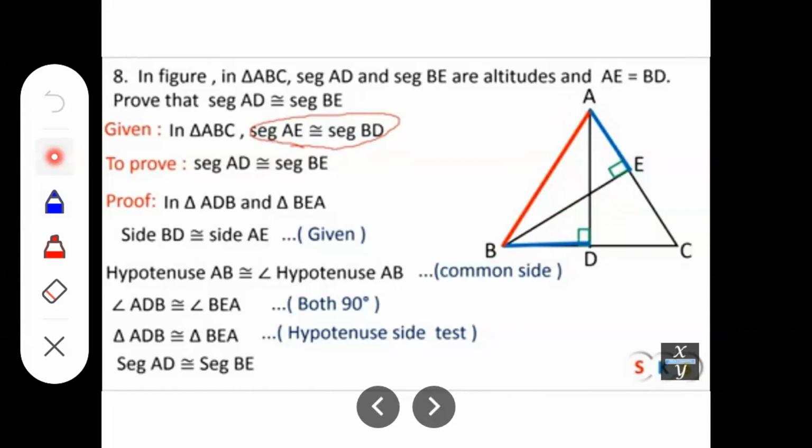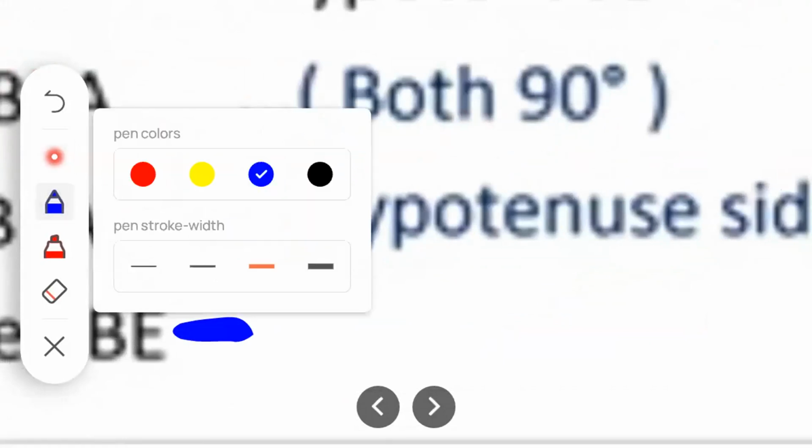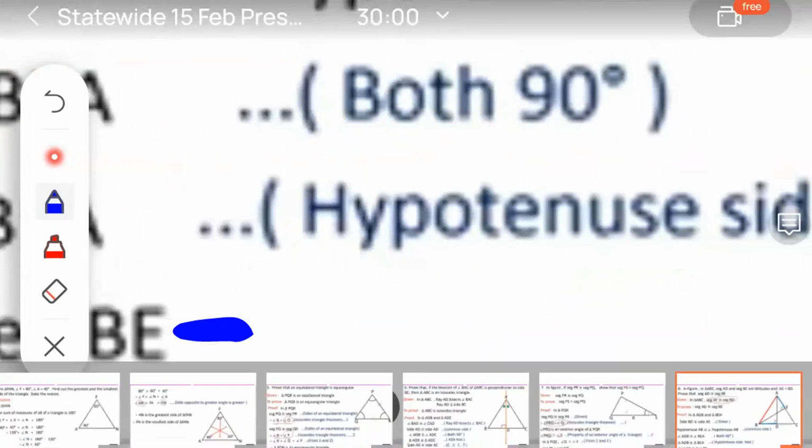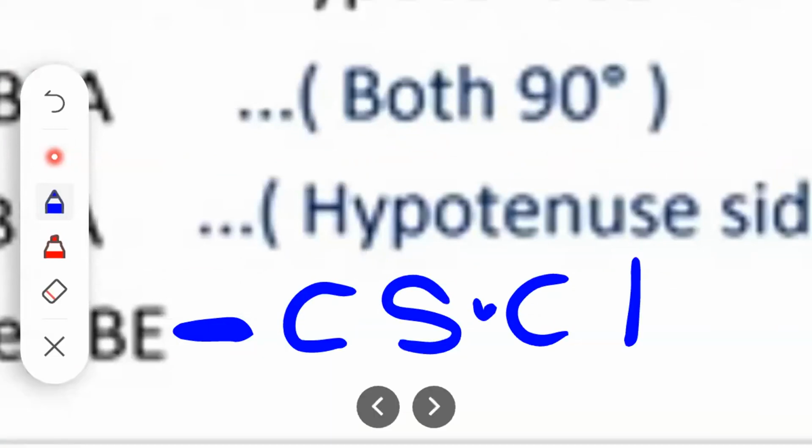So the reason you have to write here, which is not written in the slide, will be corresponding sides of congruent triangles.